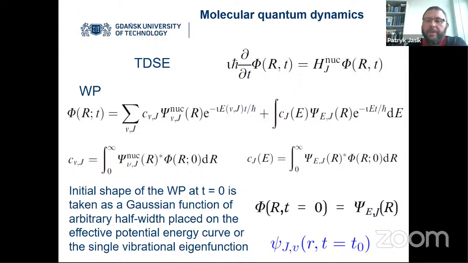And in our case, we chose two approaches. In the first approach we took a Gaussian function which was placed on the effective potential curve. And in the other approach, we just take a single vibrational eigenfunction to find the lifetimes and population decay from a specific vibrational level.